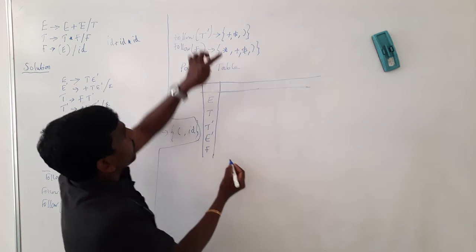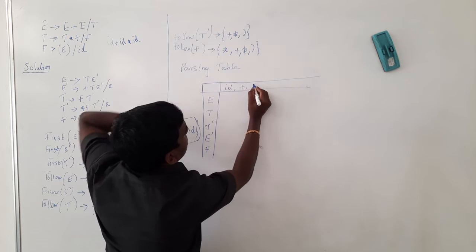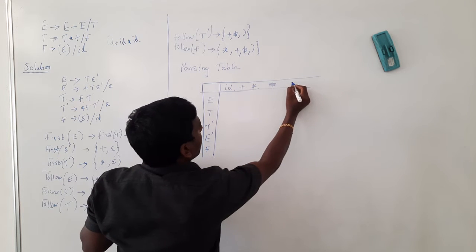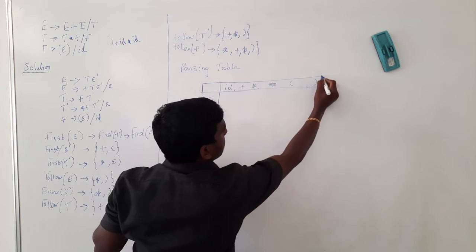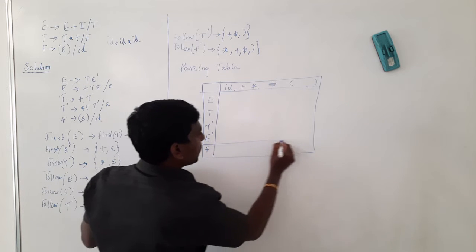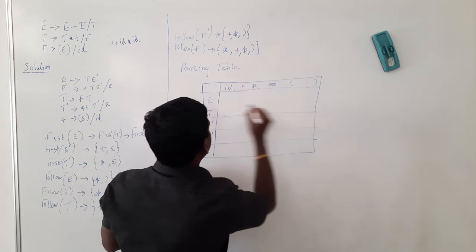What are the terminals here? ID, plus, star, dollar, open brace, and close brace. These are the terminals we use to construct the predictive parser in this grammar. So we want to fill this transition table.